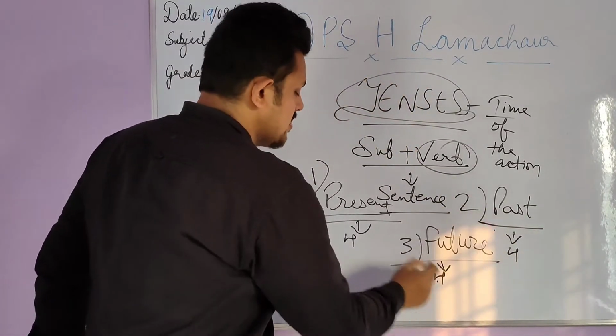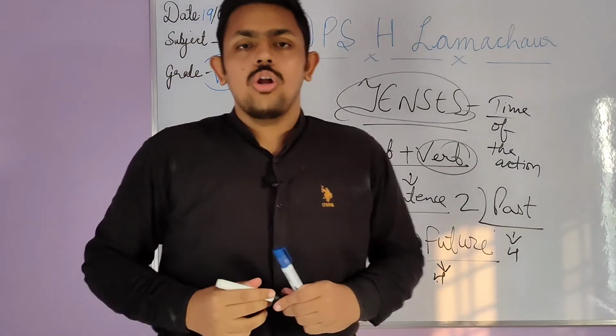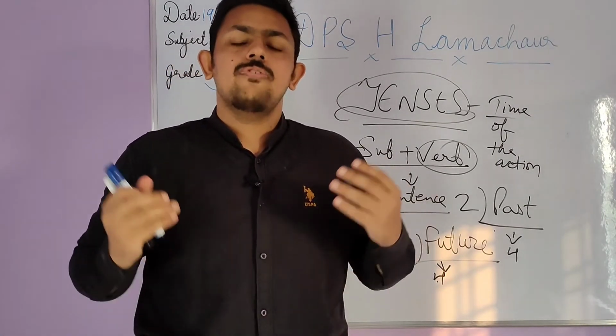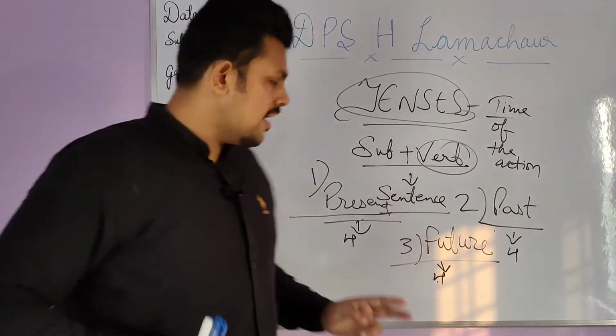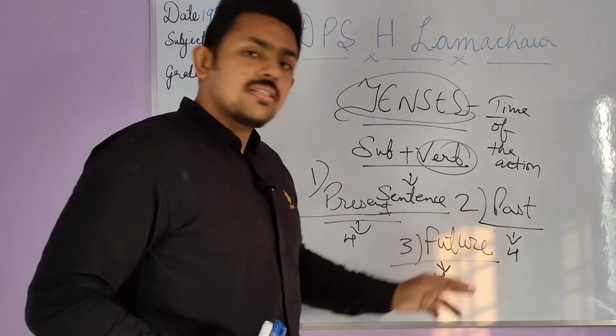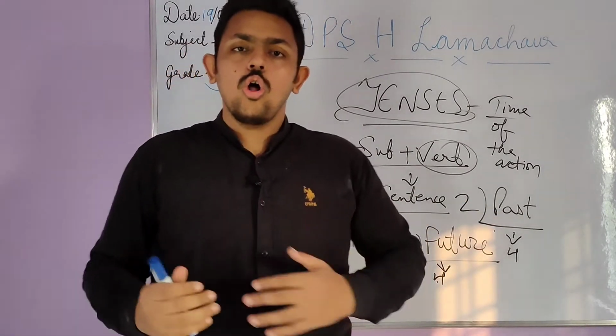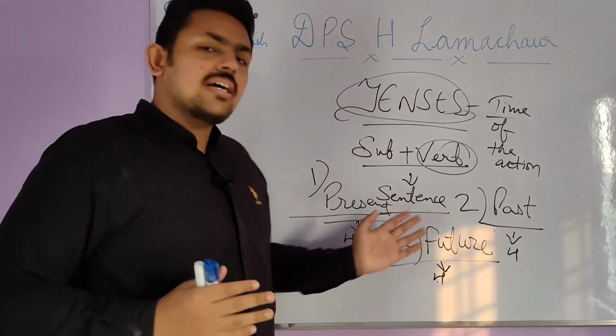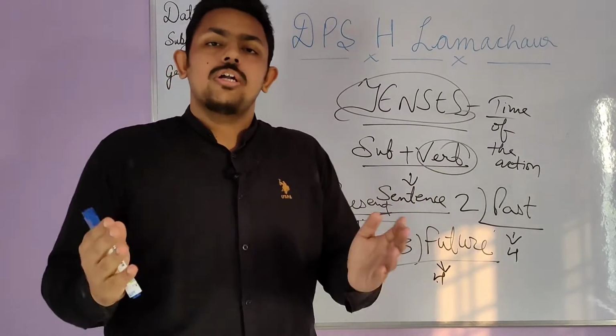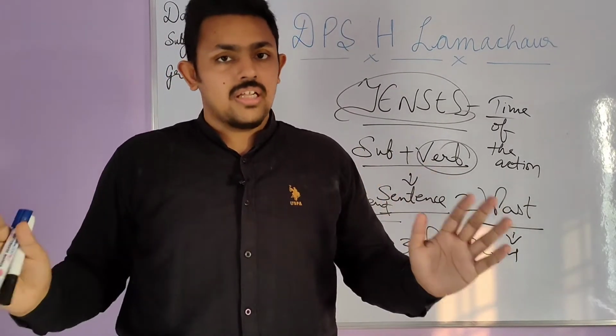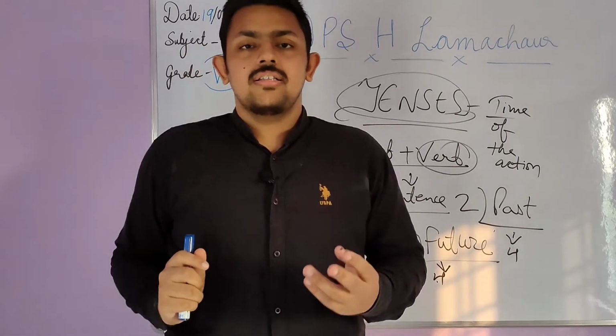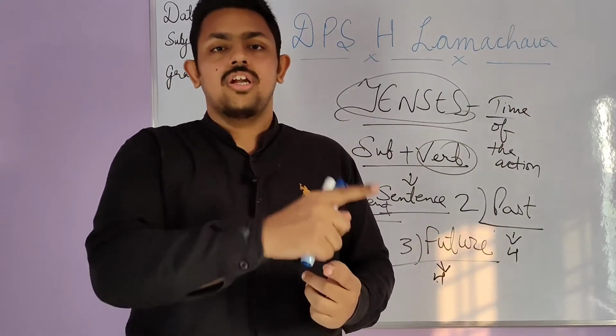So 4 3s are 12. All in all you have 12 kinds of tenses, but the major tenses are present, past and future, and all the 4 categories are there with each one of them. Nothing to be confused about, just learn it this way: 3 major tenses, 3 into 4, 12.